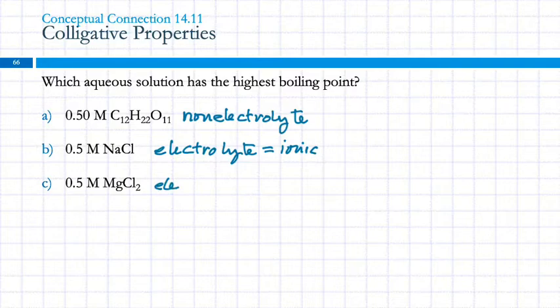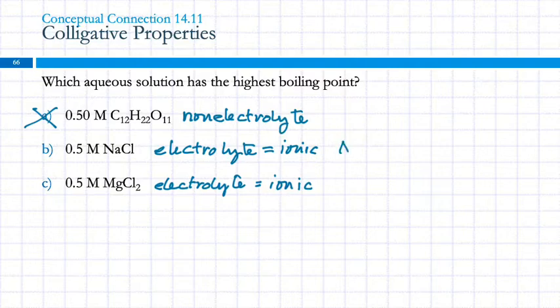So this is also an electrolyte. When we have electrolytes, they separate into particles, and so they produce more particles. So we can eliminate the sugar solution as not having the highest boiling point, because when a molecule of sugar dissolves, you just have one molecule. You don't get multiple particles.